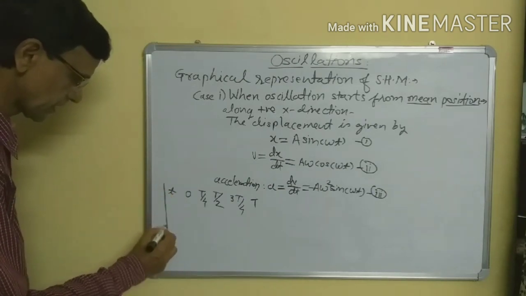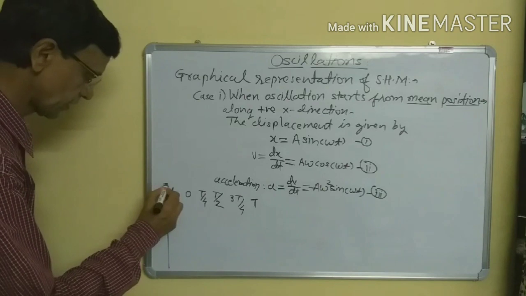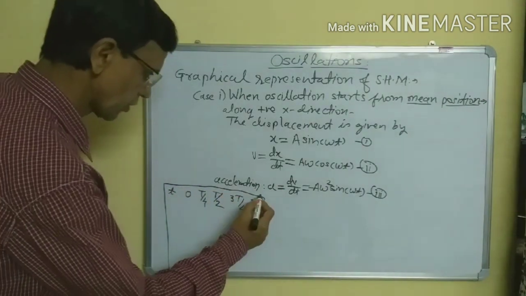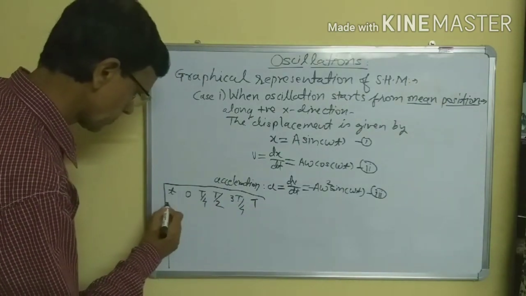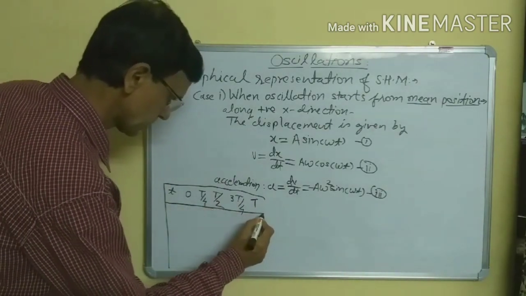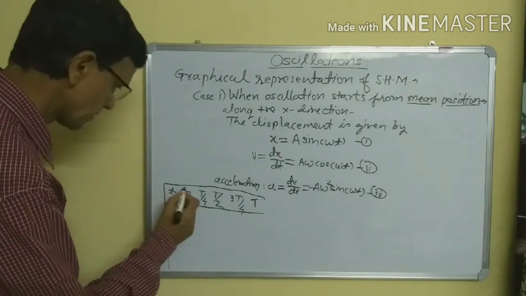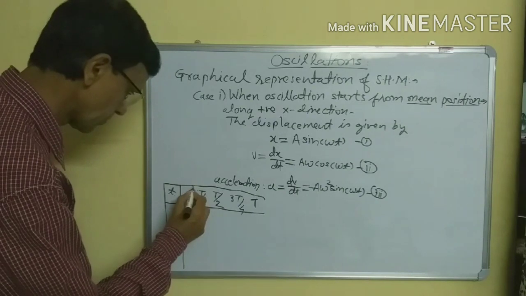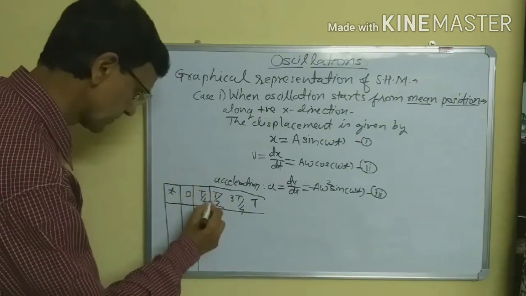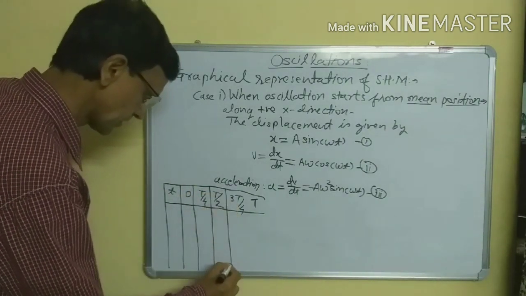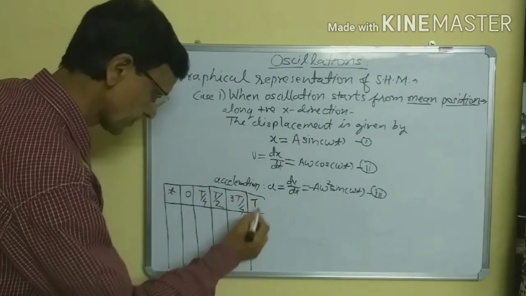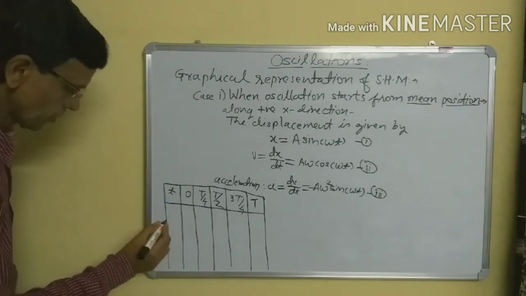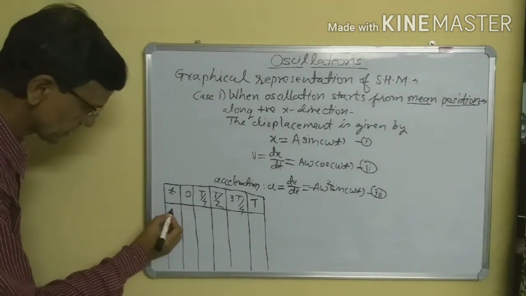We make a table, and for these values of time we find the values of theta, x, velocity v, and acceleration A. First we make the vertical columns in this table. Now we take the value of theta.